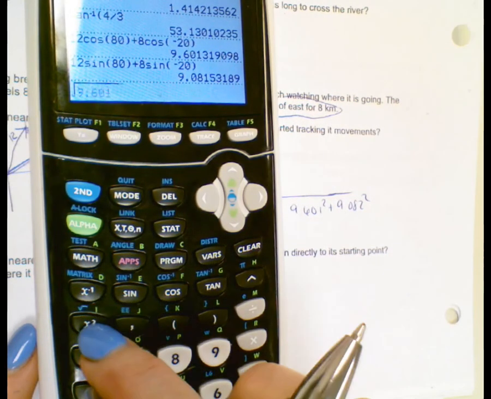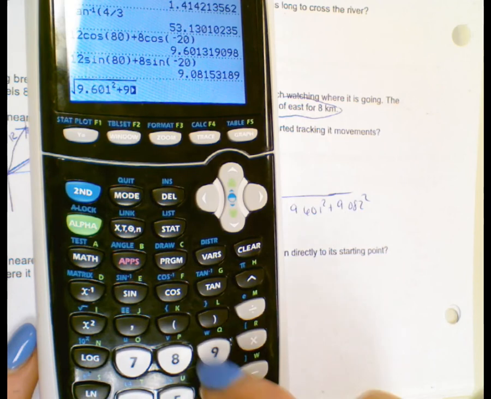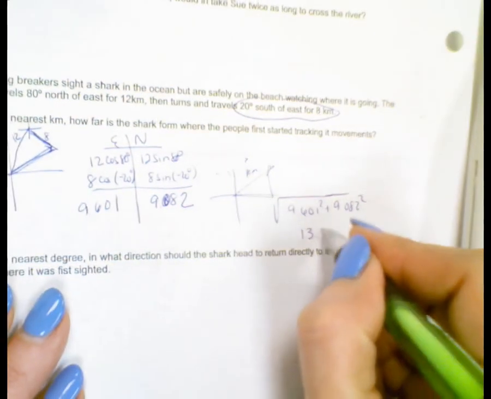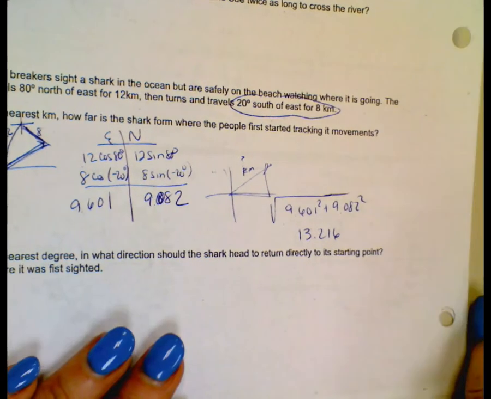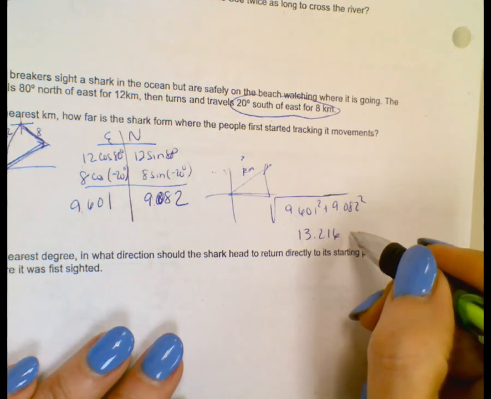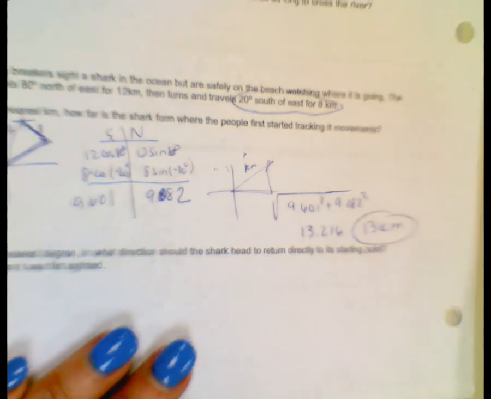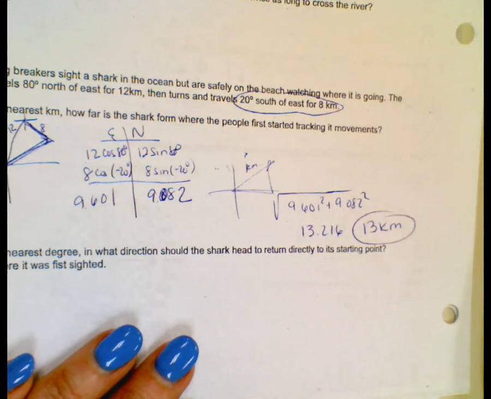That's 13.216. Oh, to the nearest kilometer would be 13. So you're about 13 kilometers from where you first started tracking its movements.